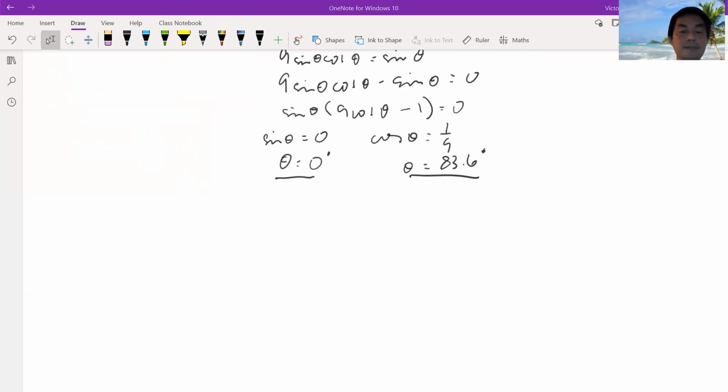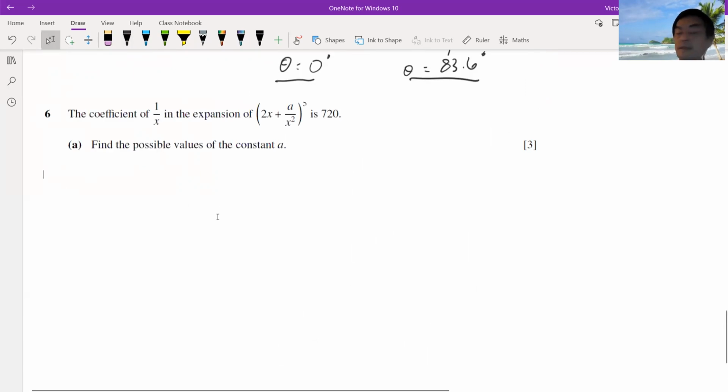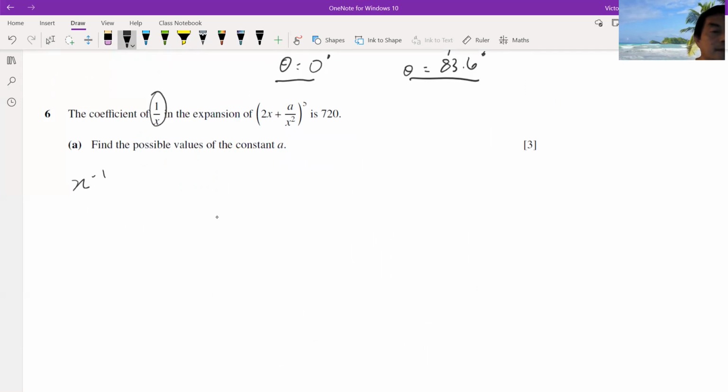Question 6 is a question on binomial expansion. Find the coefficient of 1 over x. So 1 over x, the power is -1.